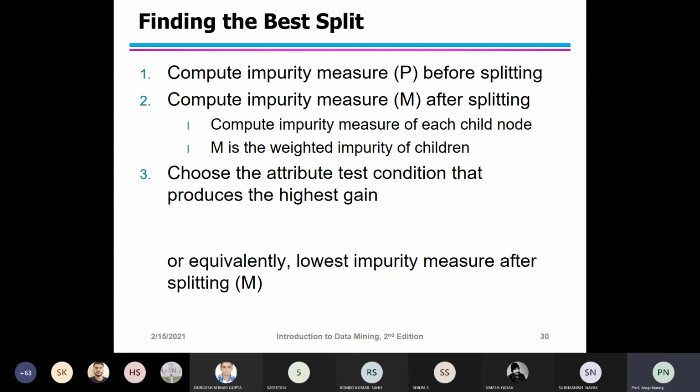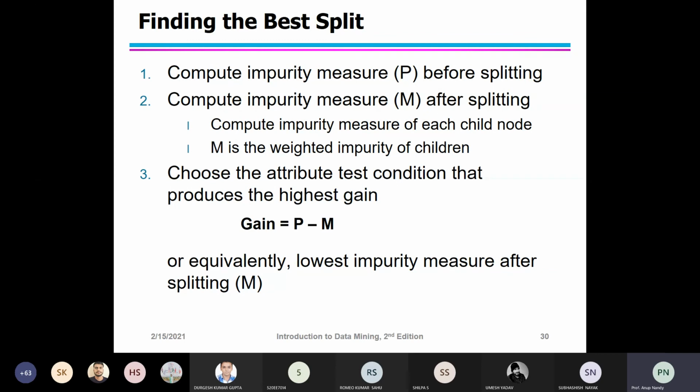So gain is very important. What is the information gain? How do you compute it? You have to choose the attribute test condition that produces the highest gain, which is equivalent to the lowest impurity measure after splitting, M. That is also important.